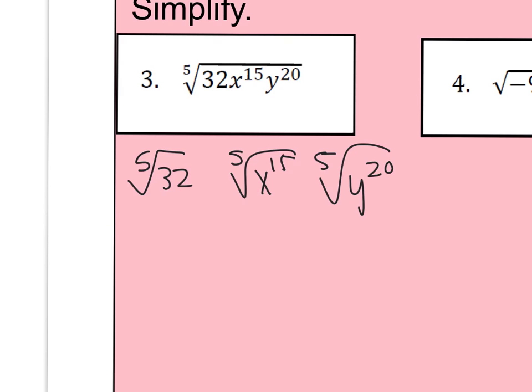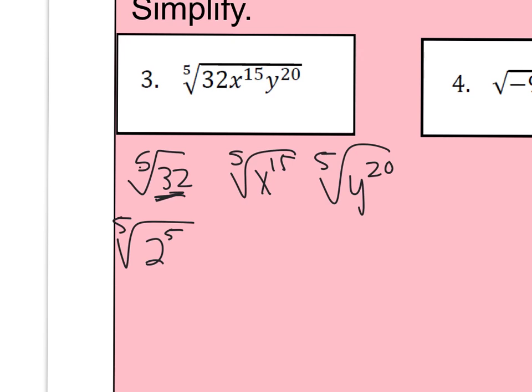One way I want to think about this is, when I look at the number, what number multiplied by itself 5 times gives you 32? Well, if I play around a little bit, that is the same thing as saying 2 to the 5th.